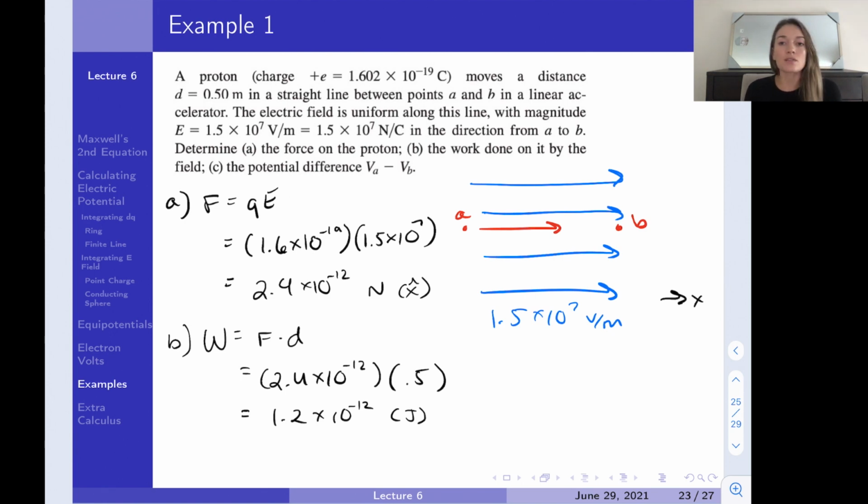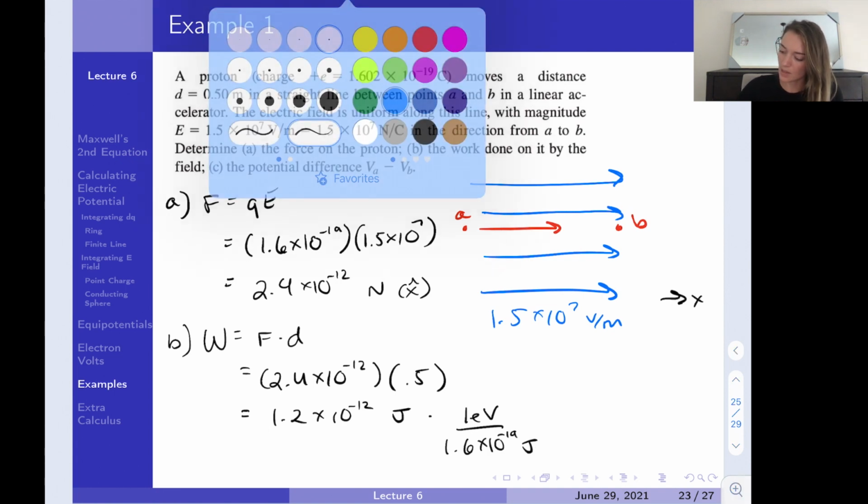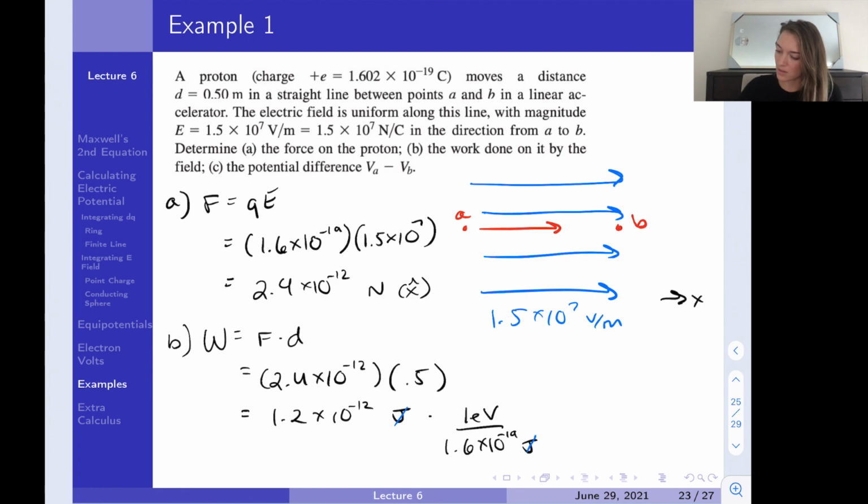Now, if we wanted to convert this to electron volts, what we would do, so we have joules, we want to convert to electron volts, and there's 1 electron volt per 1.6 times 10 to the negative 19 joules. So our joules will cancel. We divide 1.2 times 10 to the negative 12 by 1.6 times 10 to the negative 19.